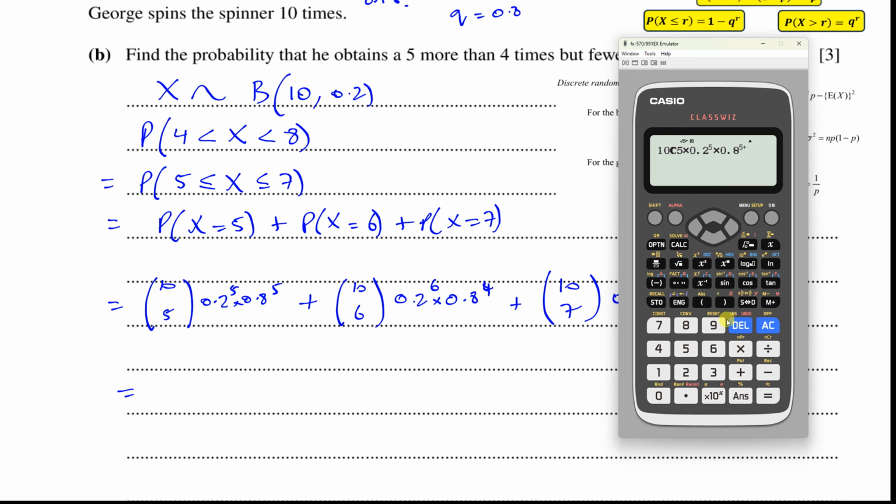Plus, be careful, plus you're going to have 10C6 times 0.2 to the power of 6 times 0.8 to the power of 4. And then you're going to have plus 10C7 times 0.2 to the power of 7 times 0.8 to the power of 3. That gives you 0.03271.